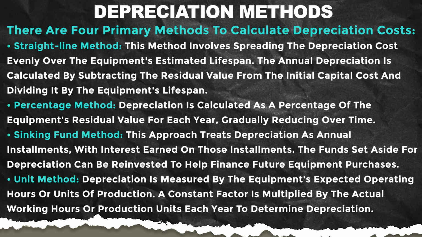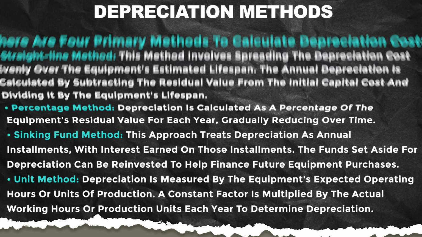Last is the unit method. Depreciation is measured by the equipment's expected operational hours or units of production. A constant factor is multiplied by the actual working hours or production units each year to determine depreciation.